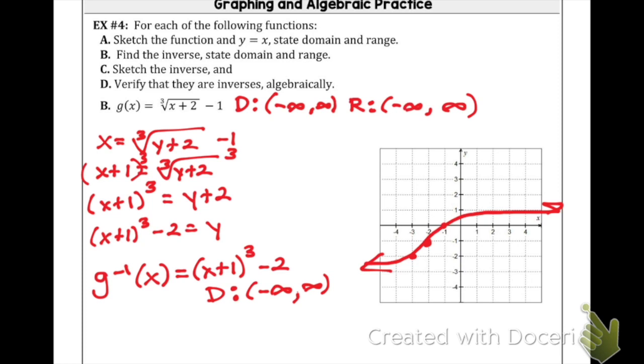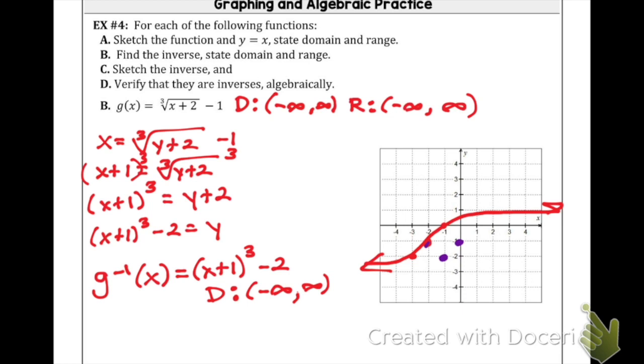So when I go to graph it, negative 2, 0 would go to 0, negative 2. Negative 1, 0 would go to, oh no, hold on, I didn't do that right. Negative 2, negative 1 would go to negative 1, negative 2. I'm trying to go speedy here. Lunch is right around the corner. Negative 1, 0 would go to 0, negative 1.